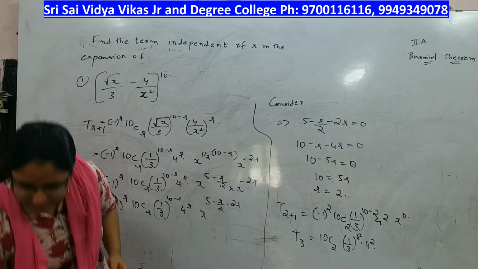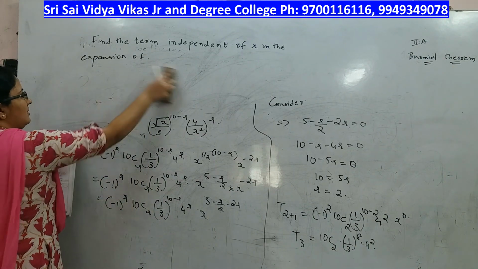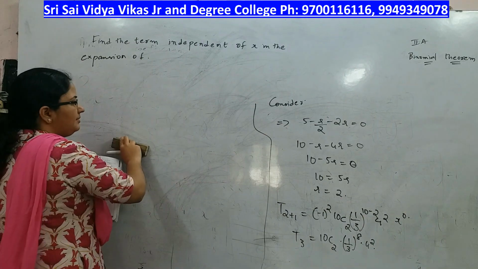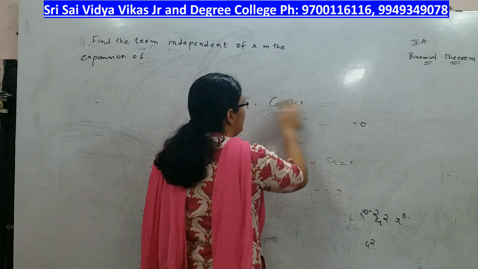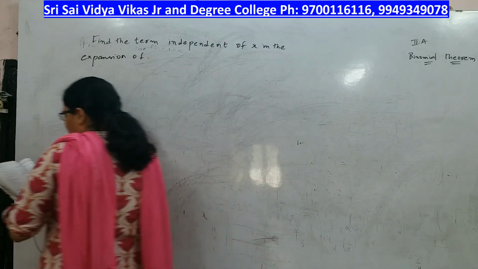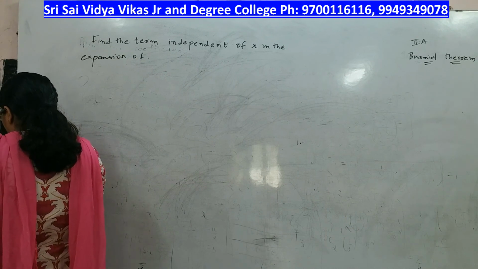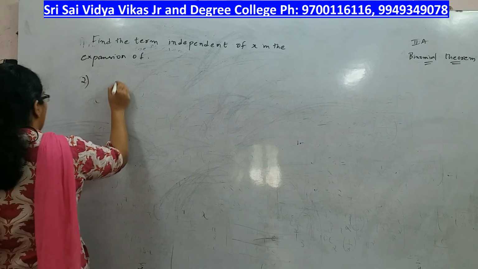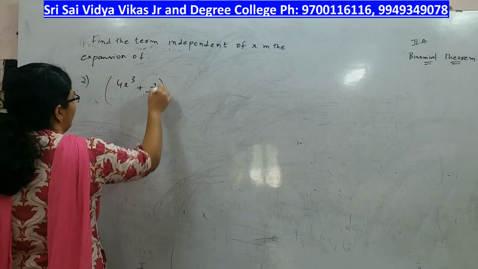Let us discuss the next problem of similar kind. (4x³ + 7/x²)^14.